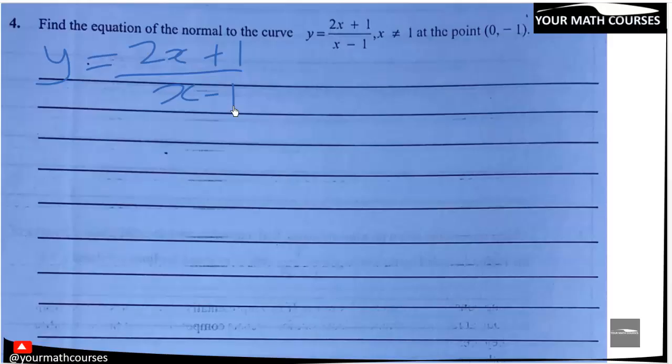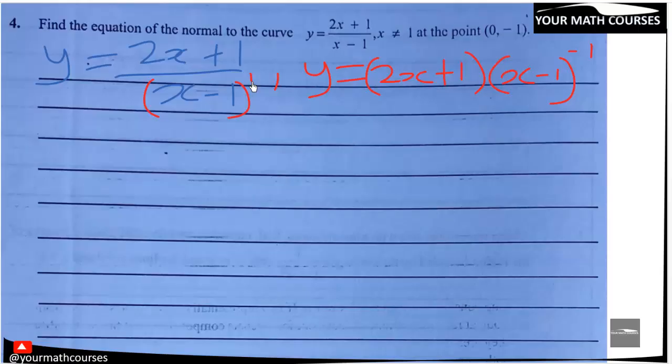So at this point, we can rewrite this equation as y equal to 2x plus 1 times x minus 1 exponent -1. So this one here is like exponent 1. So I'm writing it as a product so that I can use the product rule.